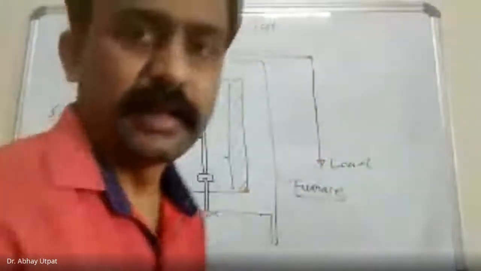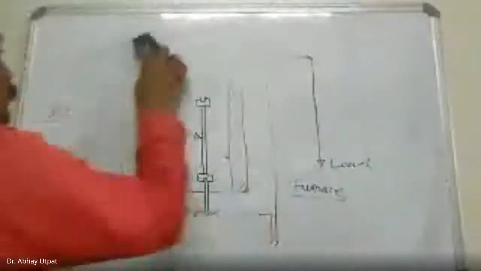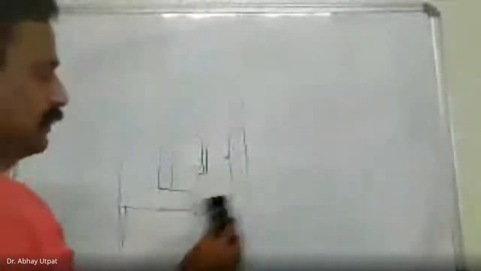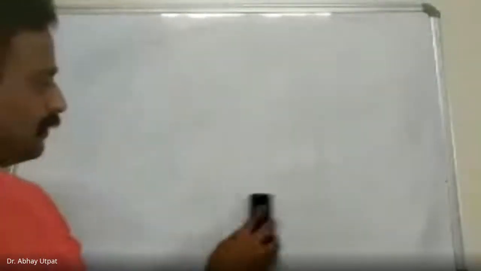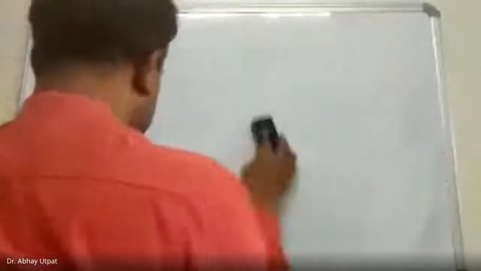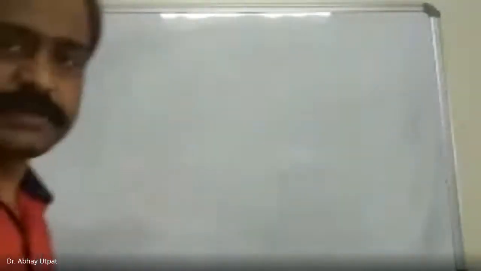Next line: creep curve. How is the failure curve drawn? Initially the deformation is negligible, but later on deformation increases. Pay attention. Deformation is nothing but strain.